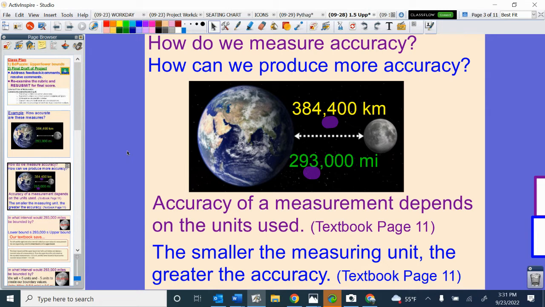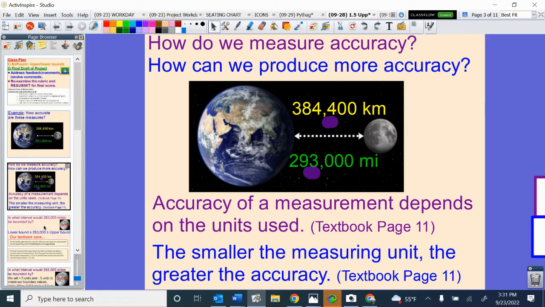But it really does depend on the units used. And the smaller the measuring unit, usually the greater the accuracy. So if we used, say, meters and feet or yards compared to miles and kilometers, that would give us more accuracy.